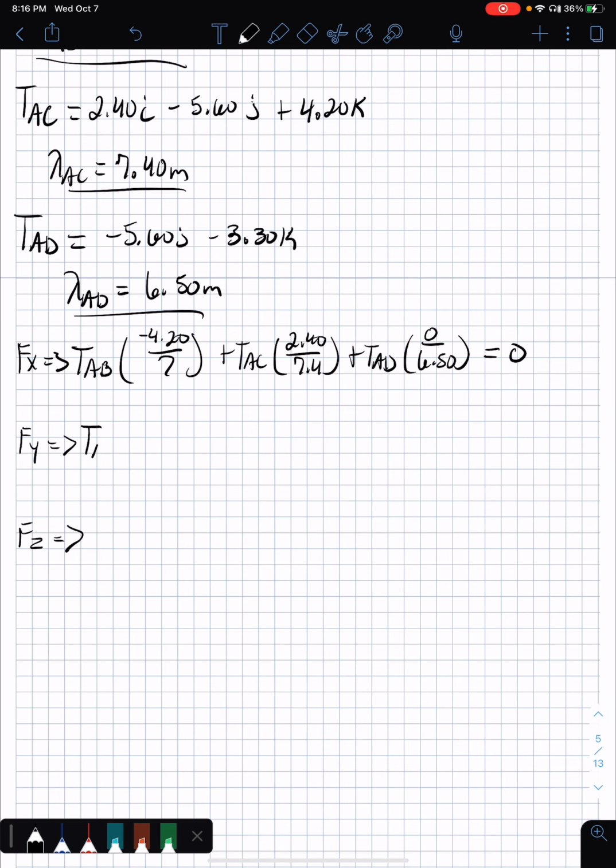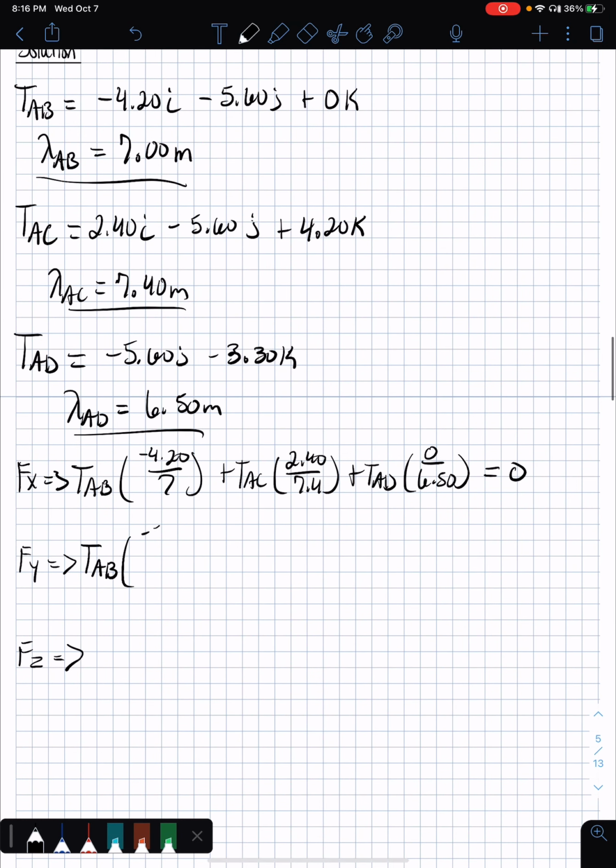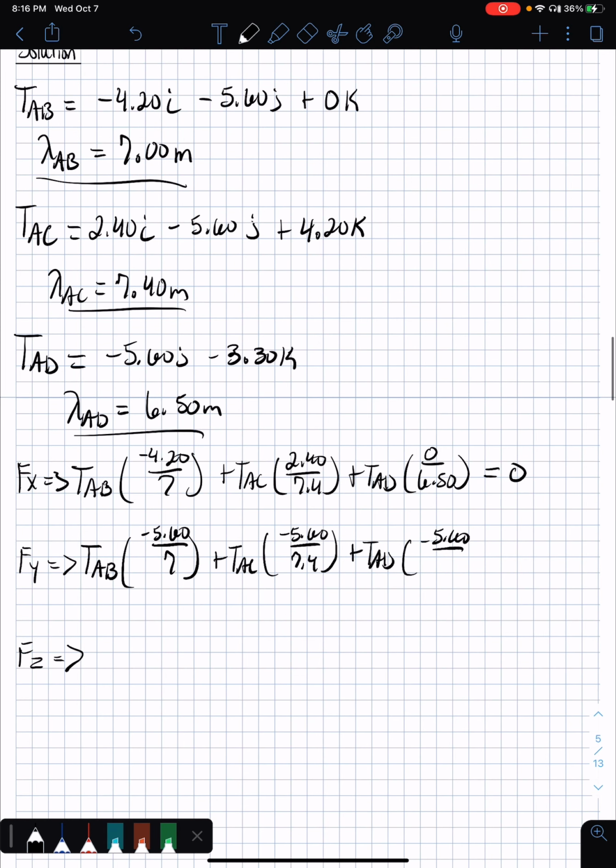Go into the y direction, label it again for tension AB. We have a negative 5.60 over 7, tension AC, which will be negative 5.60 over 7.4, and tension AD, which will be negative 5.60 over 6.5.